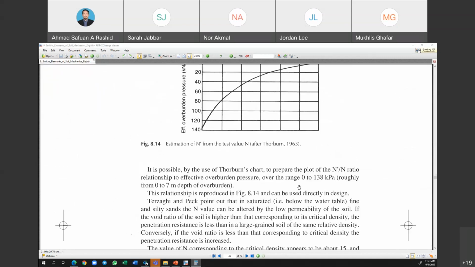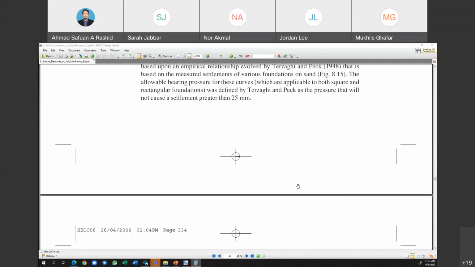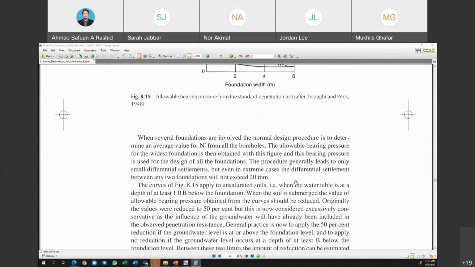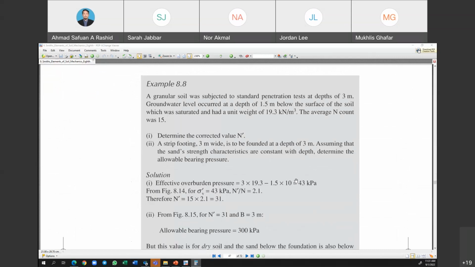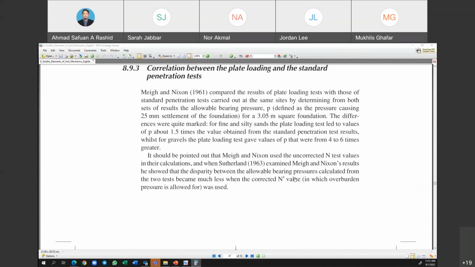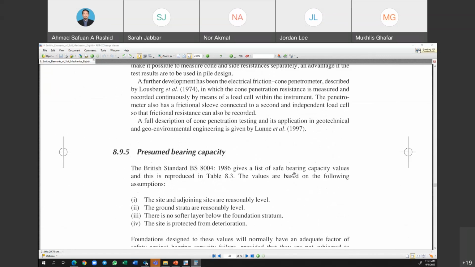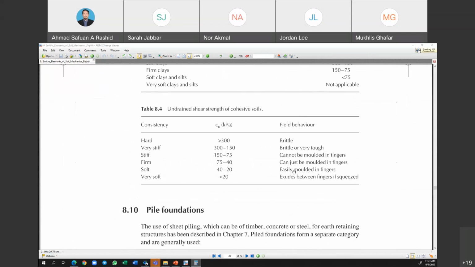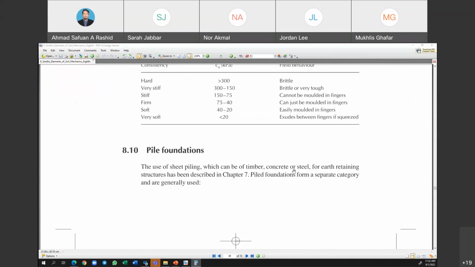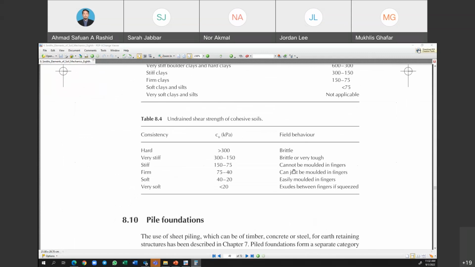He also discussed the corrected SPT value, with no discussion on the EC7. So we have two examples based on the EC7. Then this is for the pile foundation.